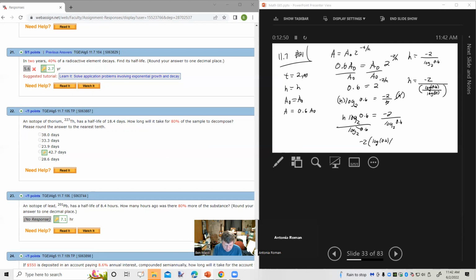I need to get rid of that. Okay. So divided by log of 2, close parentheses, and then close up this set. So I've got the little stuff inside, but I've got the whole denominator in parentheses. Equals, I'm getting 2.7138, and so on. So round to one decimal place, 2.7 years. All right.